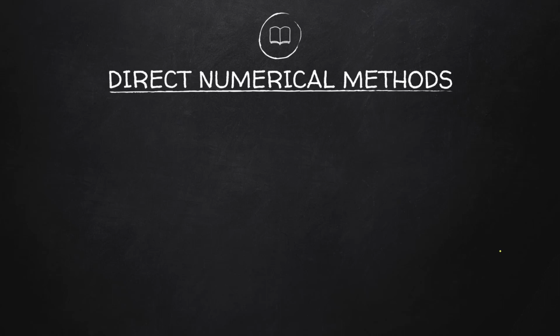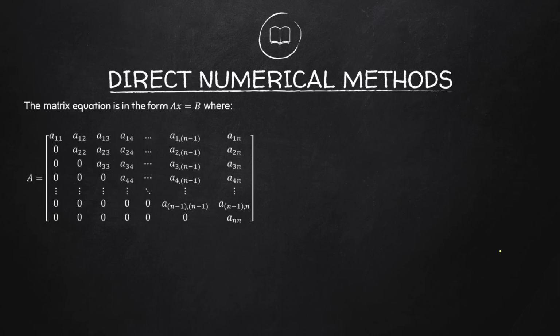For the direct numerical methods, again, the matrix equation is in the form Ax equal to b in this case. So this is an example of an upper triangular matrix.